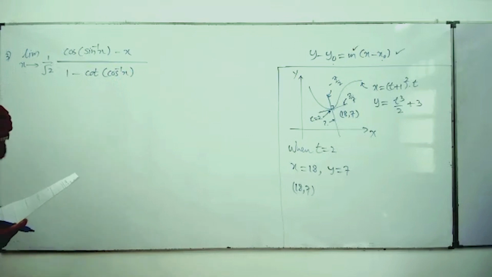You are given a hint: cos inverse x plus sine inverse x equals pi by 2.